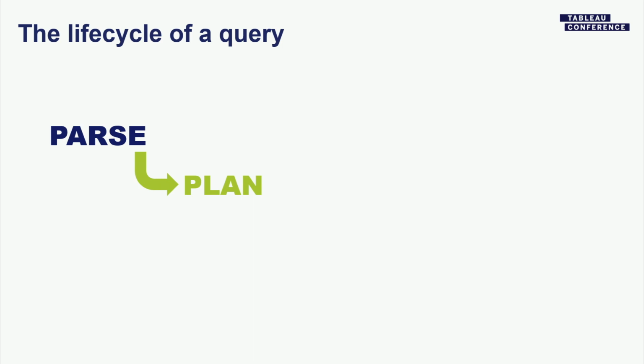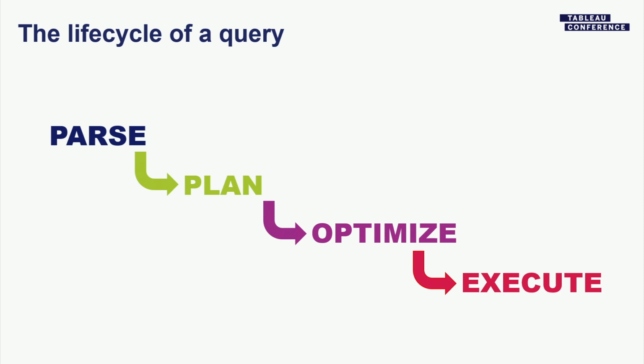And then it will optimize, meaning it will pick the best plan to do it. And finally, it will execute the query. All we're going to see next is linked to what we can do to let the optimizers pick the best plan quickly.